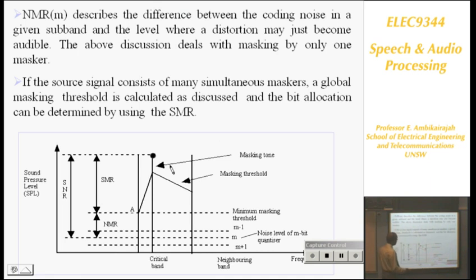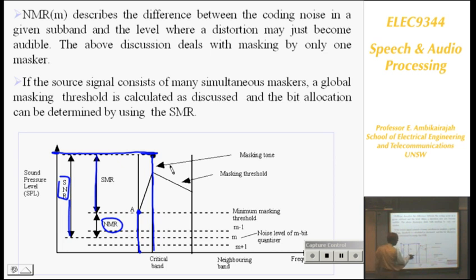Take this as an example. For one particular example, this is my actual signal in that particular critical band, and that's my signal to noise ratio. I can calculate that very easily. What I want to know is, this line A, how much is it above or below? So I can say the noise masking ratio, which I want to calculate, is equal to signal to noise ratio minus signal to mask ratio.